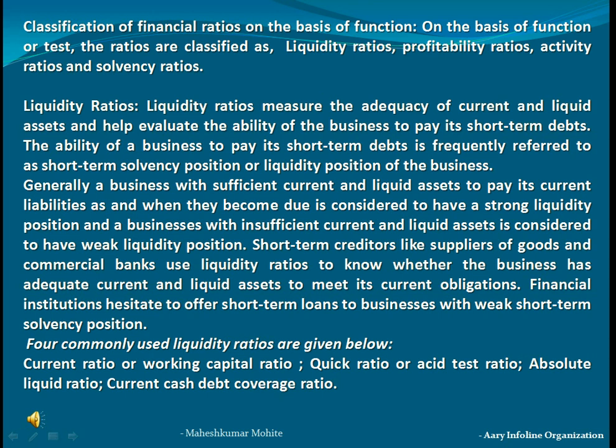Financial institutions hesitate to offer short-term loans to businesses with weak short-term solvency position. Four commonly used liquidity ratios are given below: current ratio or working capital ratio, quick ratio or acid test ratio, absolute liquid ratio, current cash debt coverage ratio.